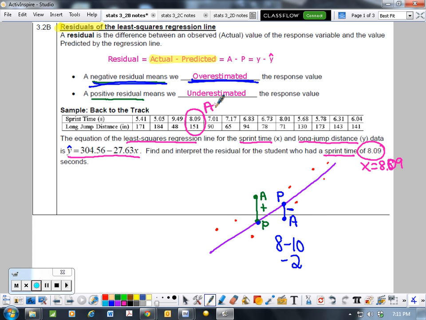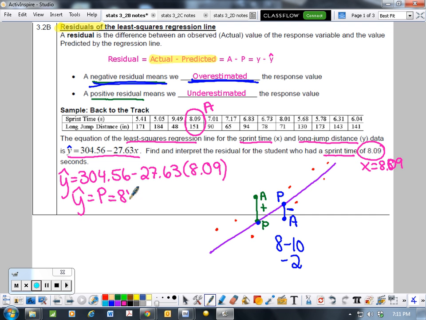Now I can plug this into my equation, and that'll allow me to find the predicted value. I'd go ahead and multiply 27.63 times 8.09, and then take the 304.56 and subtract that value. This gives me a y hat, which is my predicted value, of 81.0333.